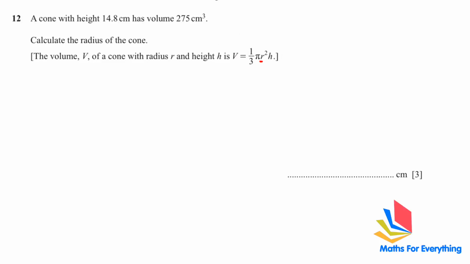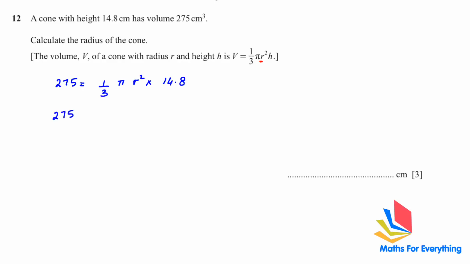You want to find r. There are two ways to solve this question. One way is first by replacing the values. So volume is V, which is 275. And pi is going to be the same. R we don't know. And h is 14.8.